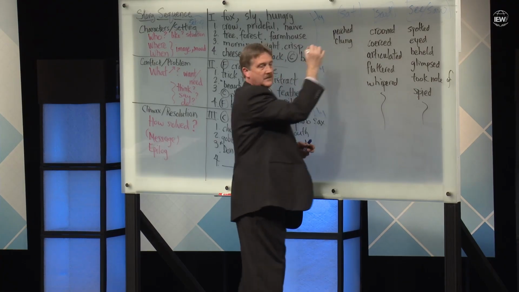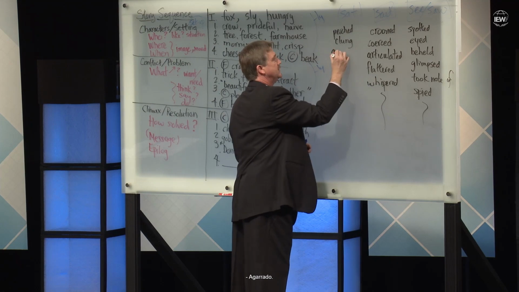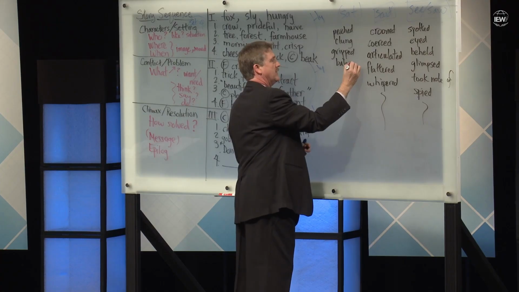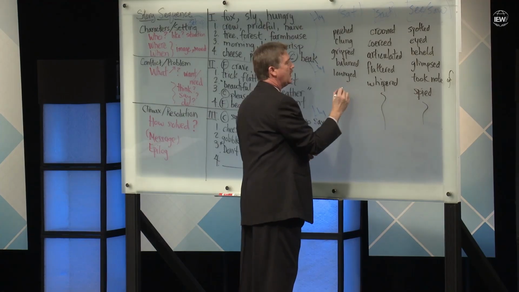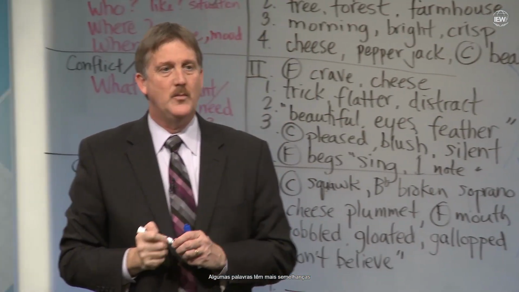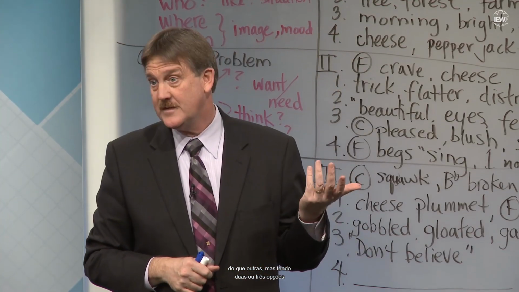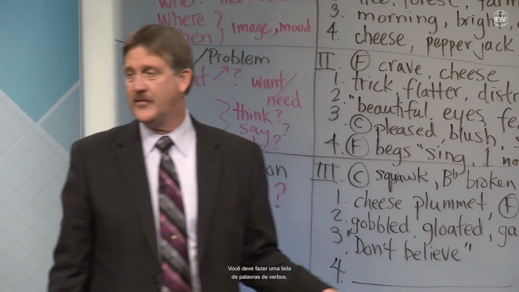Clung. Say again? Gripped. Balanced. Lounged. Okay. Some words, of course, have more synonyms available than others, but even having 2 or 3 options is going to help the kids a lot. So you want to build these word lists. So that would be verb.